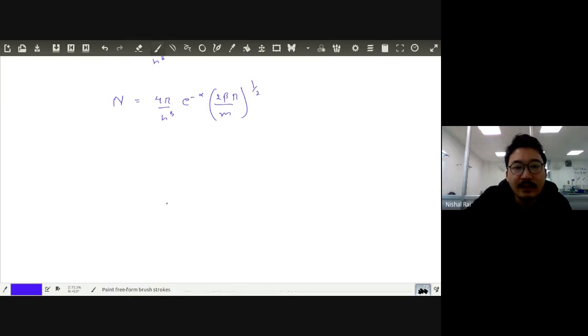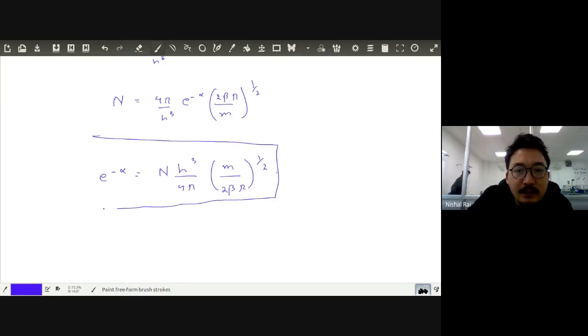Or basically now you can get e to the power negative alpha. So e to the power negative alpha will be what? h cube divided by 4 pi, N will be sitting over here, and m 2 beta pi to the power half will be sitting over here.